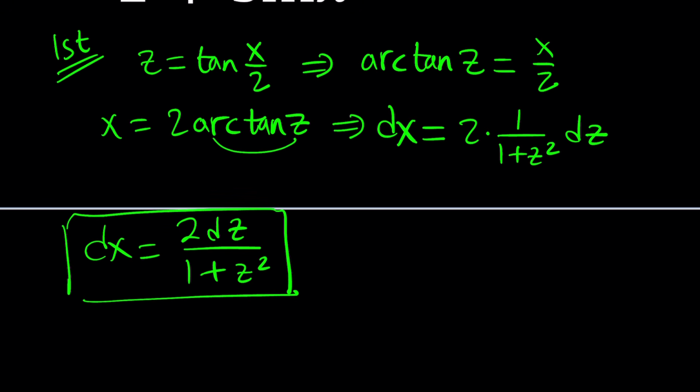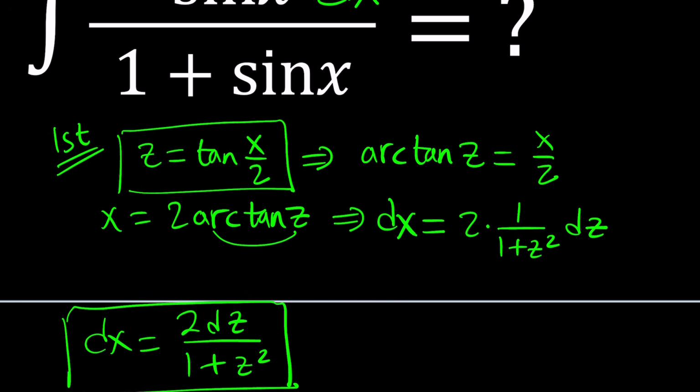We don't need x like I said earlier. And this is z. In case you end up with something like tangent x over 2, you can replace it with z. I don't think you're going to need x over 2 because you don't need x. Now, here's the fun part. What is sine x? That will be the question.